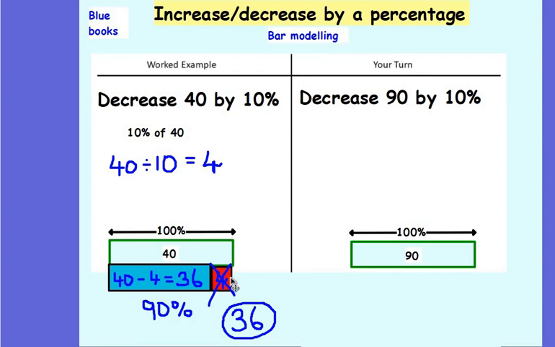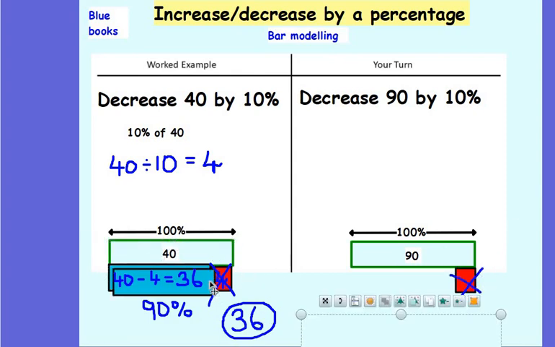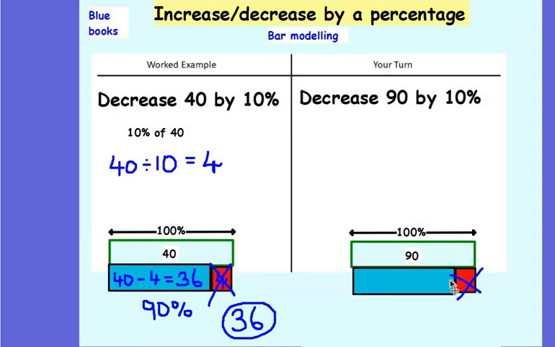Right, let's go through it. Exactly the same way. We're getting rid of this 10%. Goodbye. And the percentage we've got left is our 90%. 10% of 90 is 90 divided by 10, which is 9.